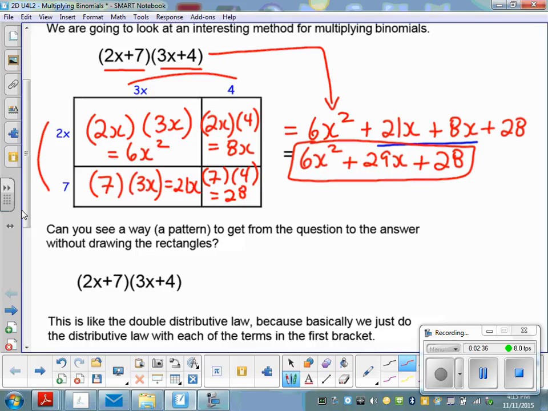So now the question is, can you see a way or a pattern to get from the question to the answer without drawing the rectangles? And what you realize is that to get this first value here, all I really did was I multiplied 2x times 3x, and that gave me 6x squared.